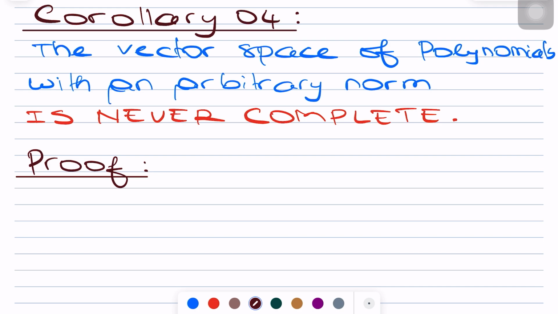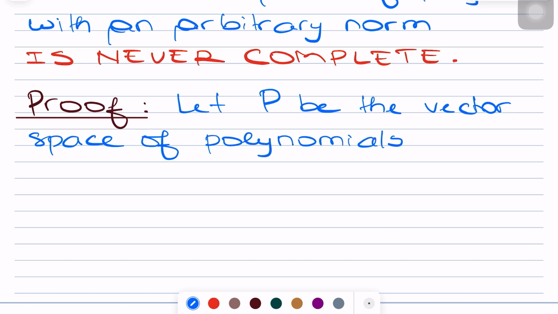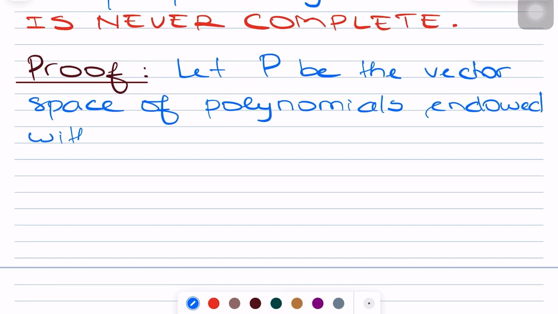So let P, call it capital P, be the vector space of polynomials endowed with a norm. Say this norm.